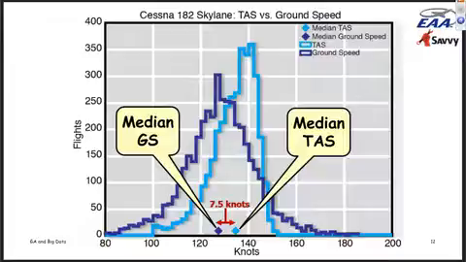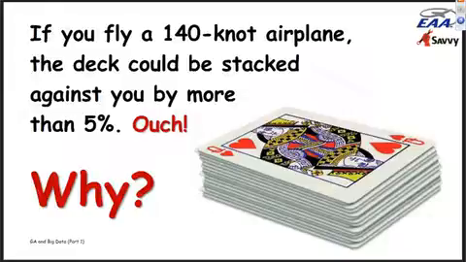Obviously, some flights had tailwinds, some flights had headwinds, but when you average it all together, the net effect was that on balance you were losing 7.5 knots due to headwinds being more prevalent than tailwinds. And that's a pretty big deal. That's a 5% penalty on the average. Essentially the deck is stacked against us, at least in these particular airplanes, by about 5%.